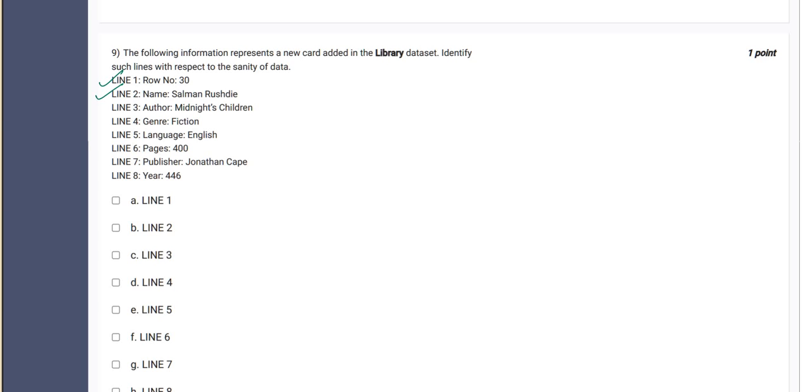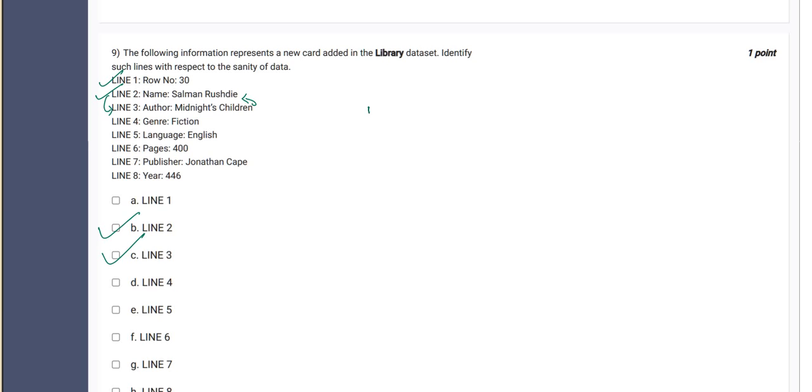How come author be this, Midnight's Children? Author name cannot be this, right? Therefore, line author name should be the name of a person. Yes, line 2 and line 3, both of them are wrong, because line 2 should have been in line 3 and line 3 should have been in line 2.